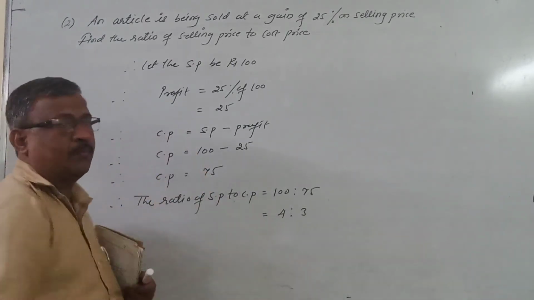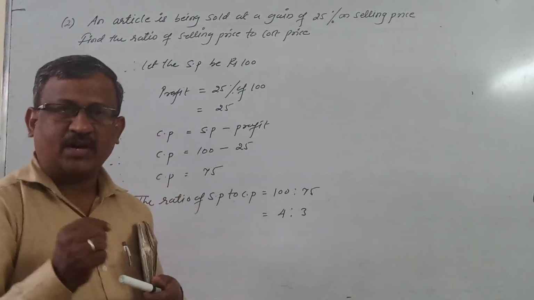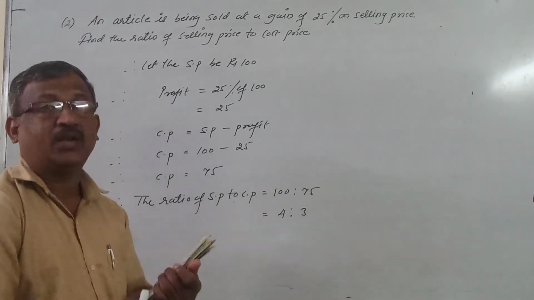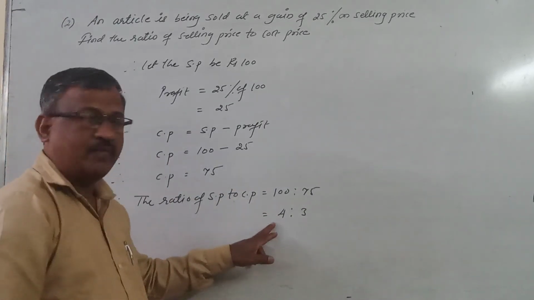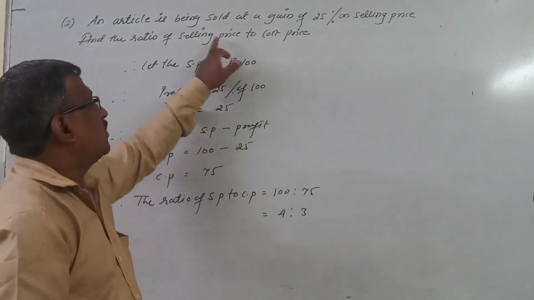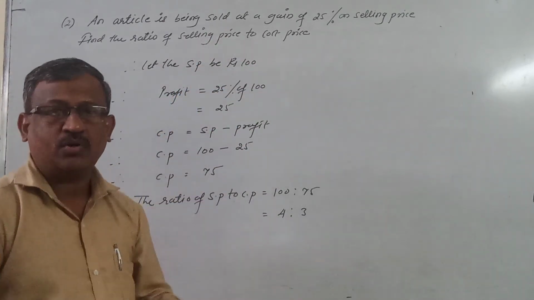So both problems are the same, but they have made a slight change. Because of that change, my answer also changes. And while comparing, you have to write the ratio very carefully. First you see what the question is, what they have asked, whether they are asking you to calculate the ratio of selling price to cost price or cost price to selling price.